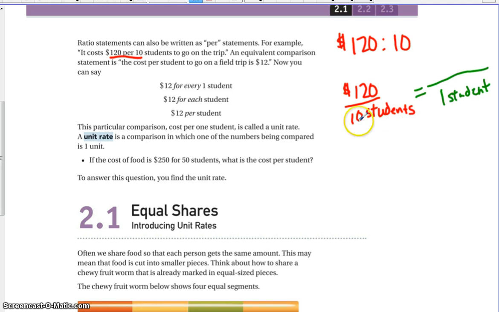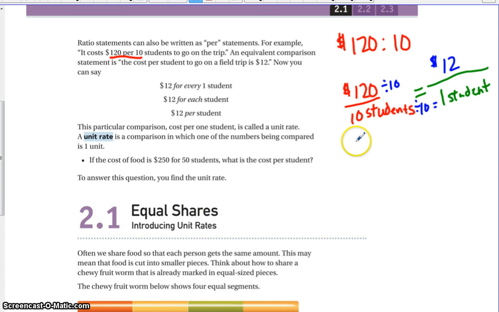So since I want to turn a 10 into 1, I need to divide the 10 by 10, and that would equal the 1. And then I'm going to do the same thing to my numerator in my ratio, and that would give me $12. So this is where they get the $12 for 1 student.